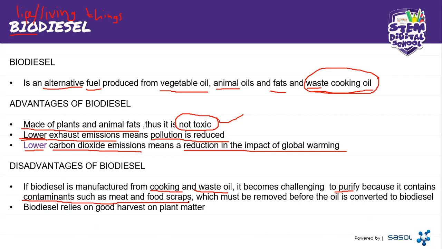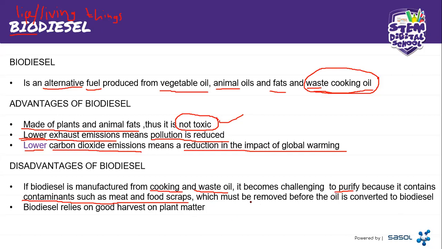For example, my dear learners, your waste cooking oil, it's not as clean as before you have used it. So after using it, there are food scraps in there, there are meat scraps, there are things in there, and therefore it has to be purified. So those things, those objects that we get in our waste oil, we refer to them as contaminants.